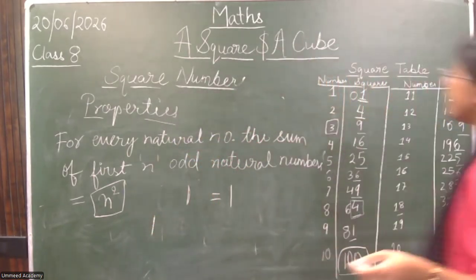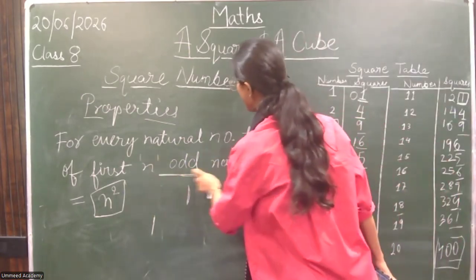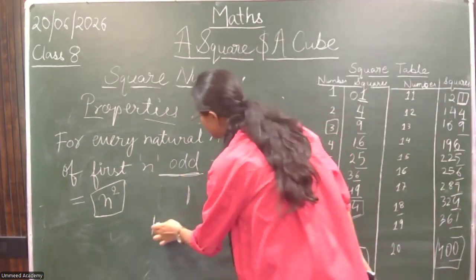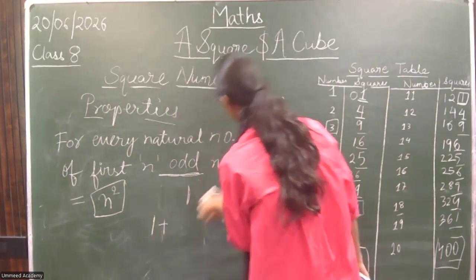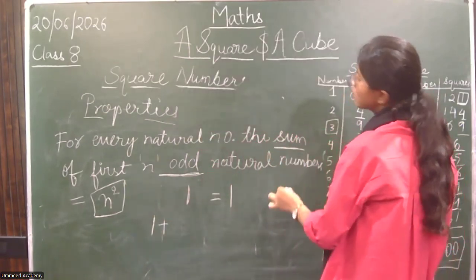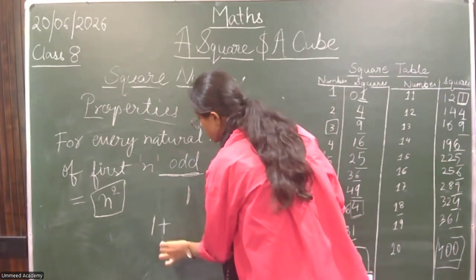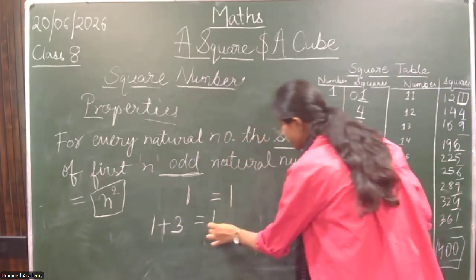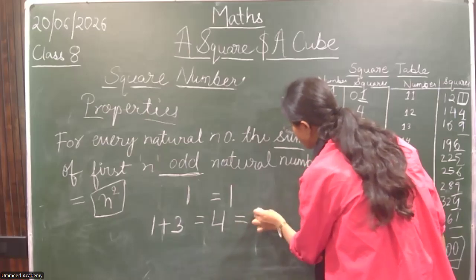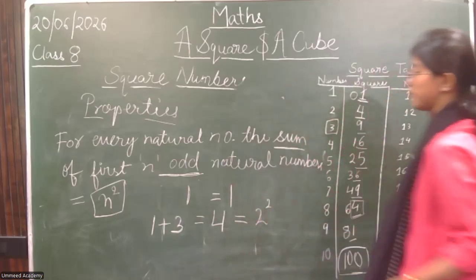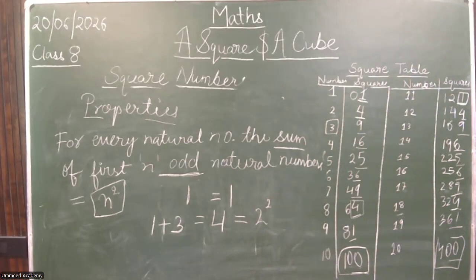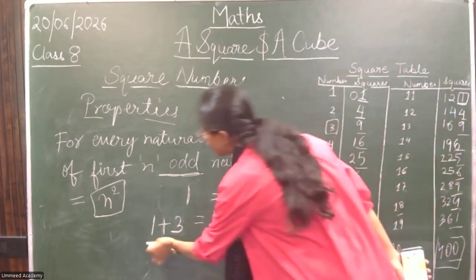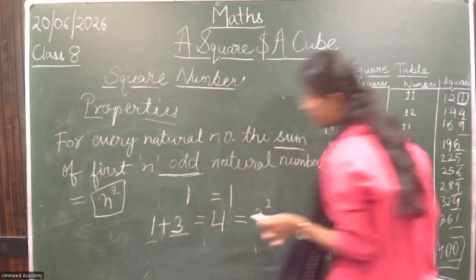First two odd natural numbers: 1 and 3. When we add 1 and 3, what are we getting? 4, which is 2 square, right? Yes, ma'am. And how are we getting 2 square? We are doing the sum of the first two odd natural numbers.